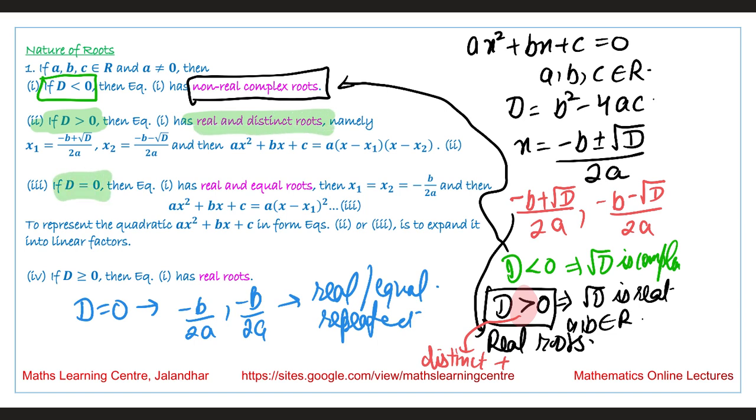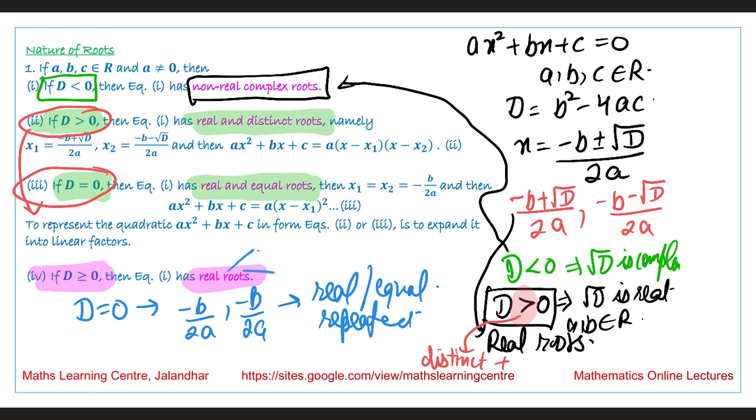If d is equal to 0, then we have real and equal roots. Combining both these results, we obtain that if d is greater than or equal to 0, then it will have real roots. Both cases can be there, that is, either the roots will be equal or they may be unequal. It depends upon the equality sign.